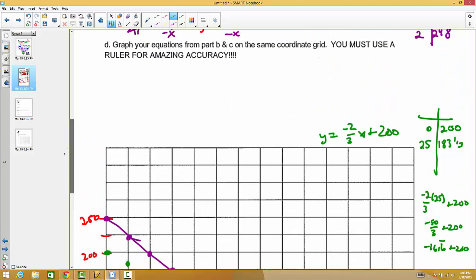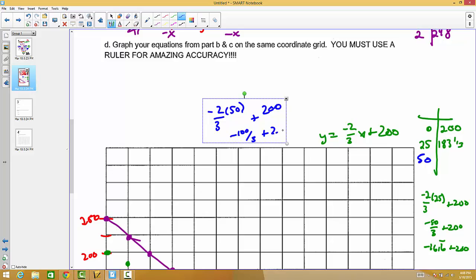So 25 would give 183 1/3. And let's see if we can figure out 50. So 50, I'll do this in a different color. So negative 2/3 times 50 plus 200. So that'd be negative 100/3 plus 200.